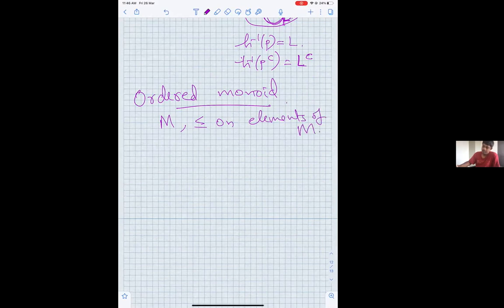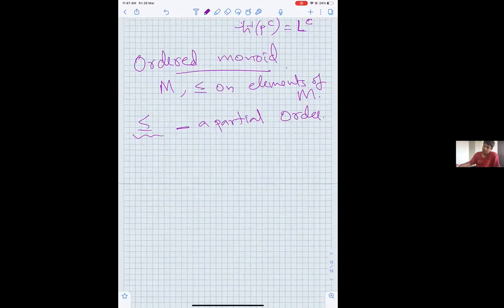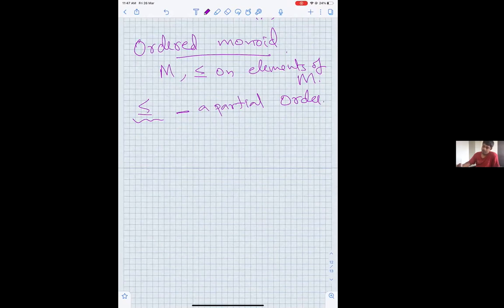When I say order, I mean a partial order. Okay, partial order. So the simplest order is M with equality. What is equality? Equality is not everything being equal to everything, because then it wouldn't be a partial order.